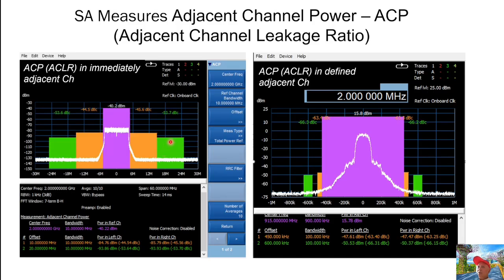Anyway, in today's video we are not discussing how we conduct the measurement. We only show the capability of the spectrum analyzer. So you just understand the spectrum analyzer can measure the channel power, the assigned channel power, the occupied bandwidth, the adjacent channel power or adjacent channel leakage ratio here.